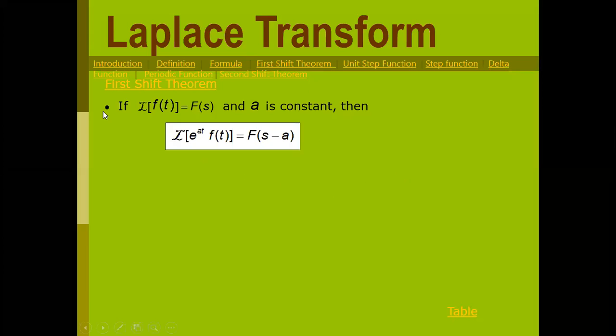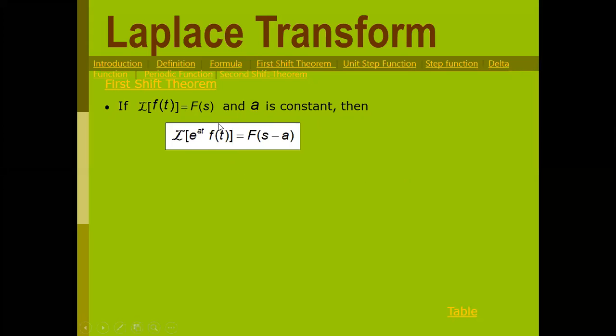Okay. So Laplace, if Laplace ft equal to fs and a is a constant, then first shift ni berlaku apa? Tadi kalau Laplace ft saja, tak ada eksponen kan?